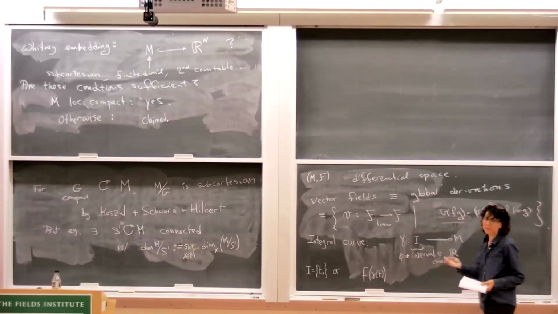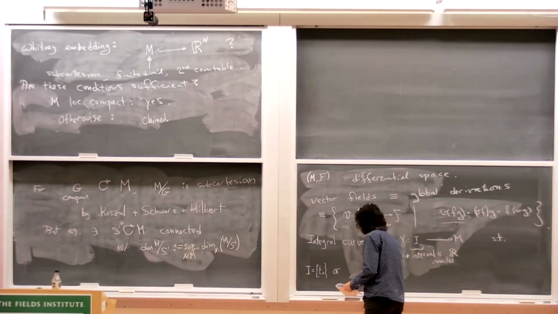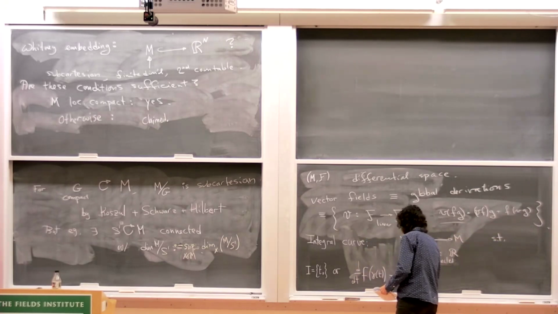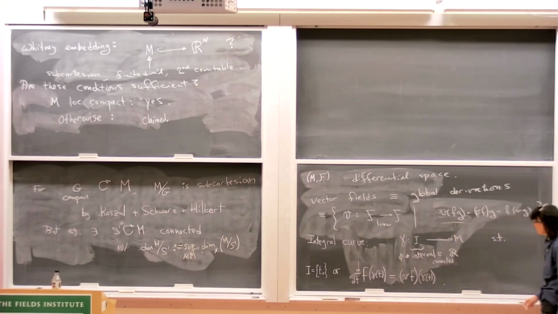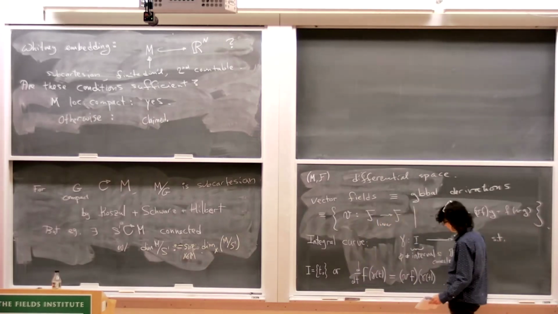At the endpoints, this would be left or right differentiability. And you insist that this be differentiable, and the derivative be given by evaluating the vector field on your function at that particular point. That is the usual definition for an integral curve, except we are allowing singletons.